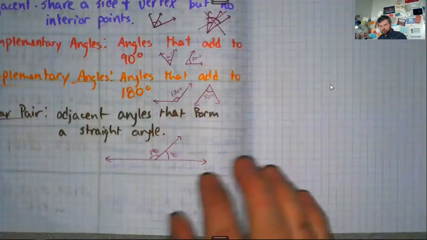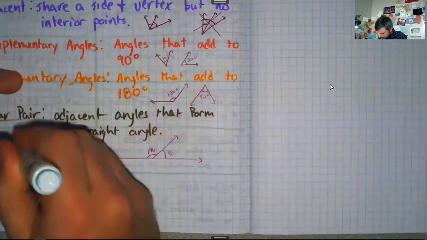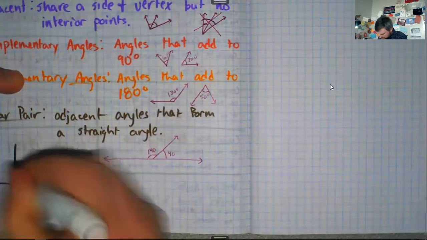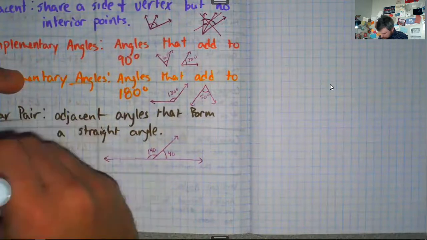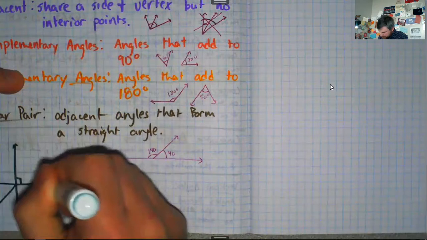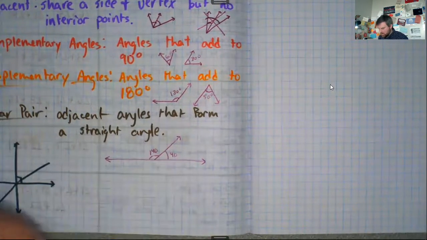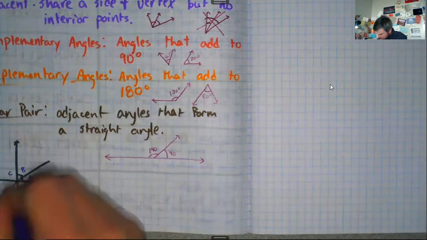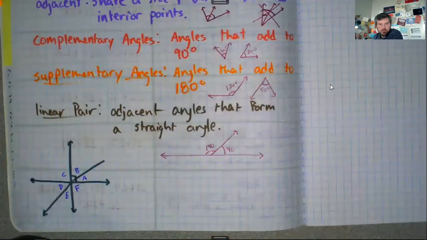So if we look at a little picture here, and then in that picture, we might label this as angle A, B, C, D, E, F. Okay, and it could say like, name a pair of adjacent angles.